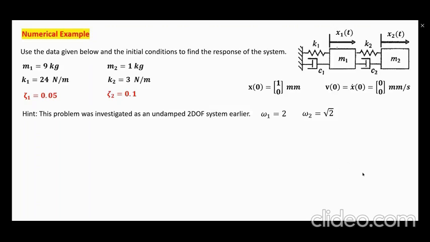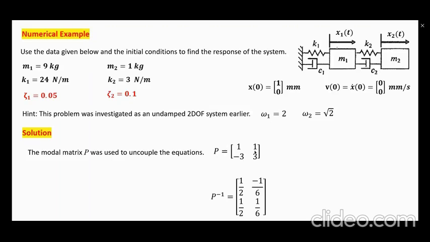So the first thing is to get the decoupled equations, and that is done through the stuff here. These were the frequencies that we had to find, and since we have already done this problem, I just took them. And these are the mode shapes, which you have to find patiently one by one. Get these mode shapes, put them in the matrix P, and you get your modal matrix.